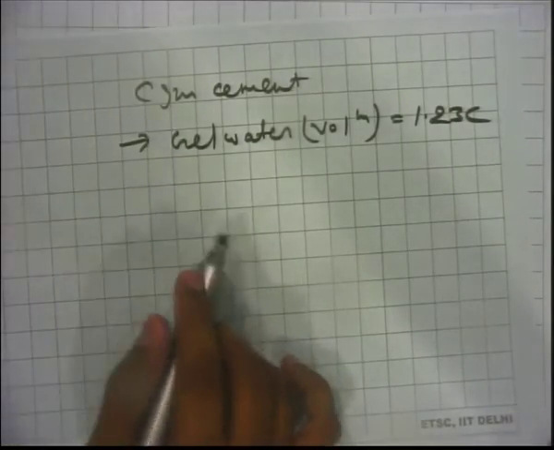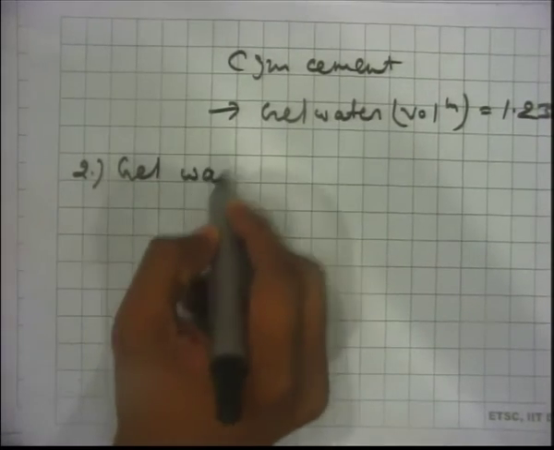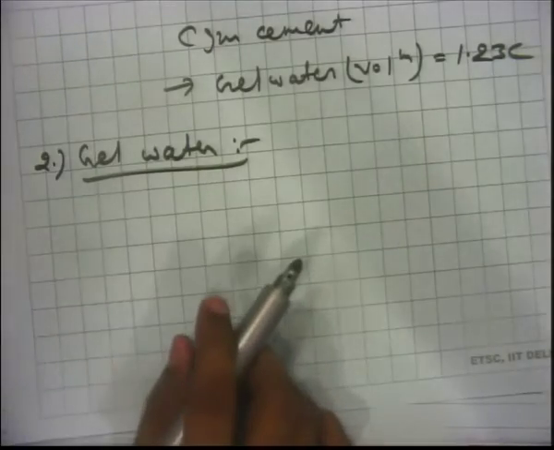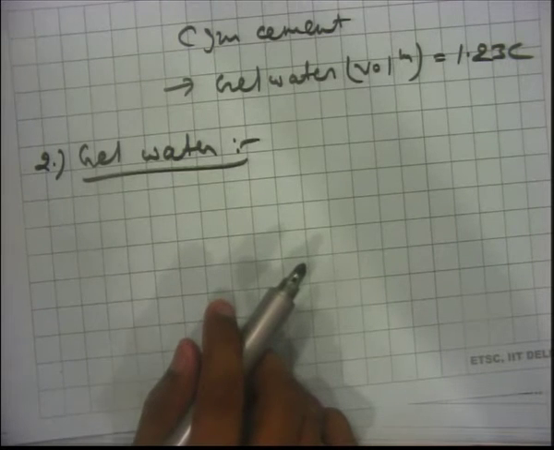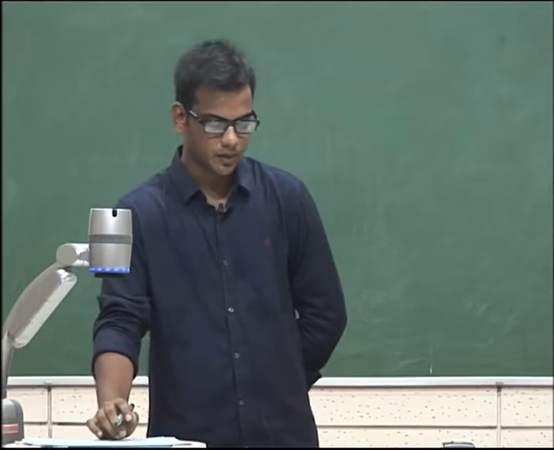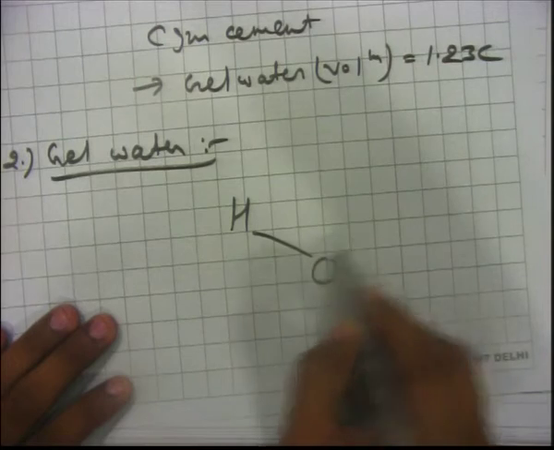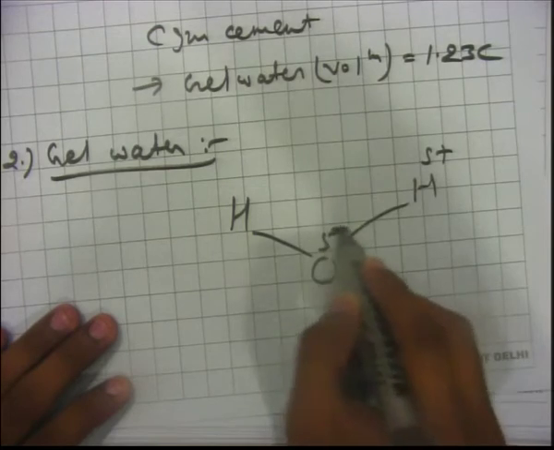Now the second type is gel water. What is gel water? First is chemical water, which is chemically bound. Second is gel water, which is the water adsorbed on the surface of solid hydrated products. The water gets adsorbed due to the polar nature of water molecules. As we can see, some delta plus will be here and some delta negative will be here.